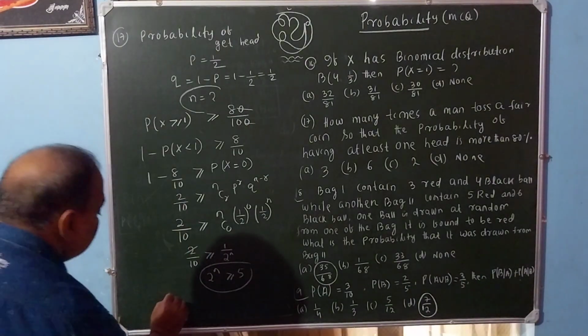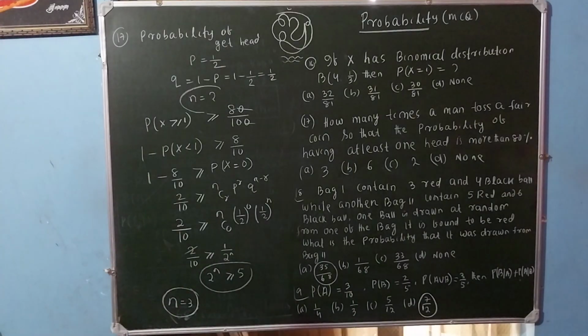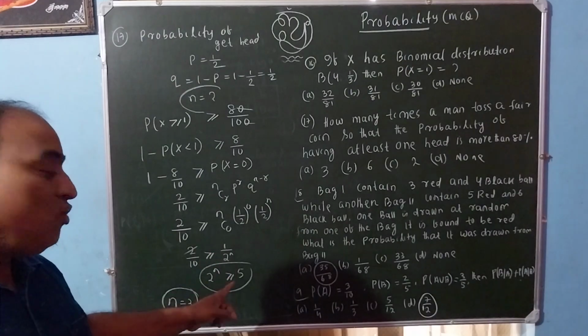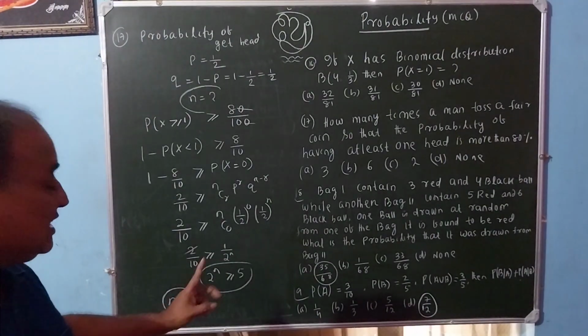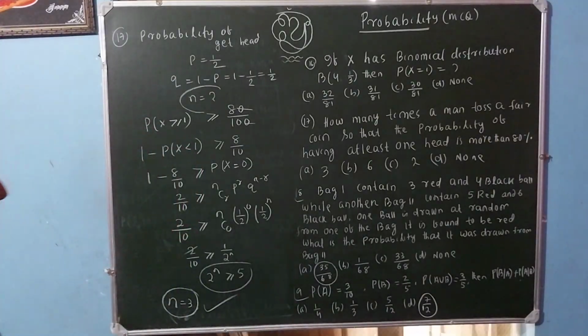So n must be 3. When n is equal to 3, 8 is greater than or equal to 5. Then n equal to 4 would also be greater than or equal to 5, but the question is asking for the minimum, so we have to take n is equal to 3. Okay, n is equal to 3.